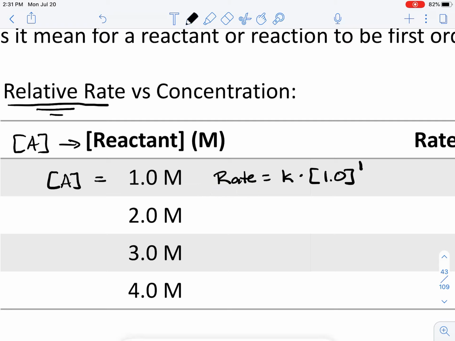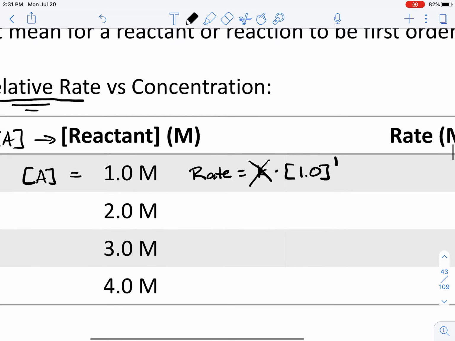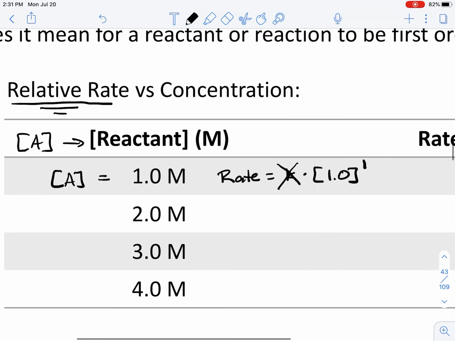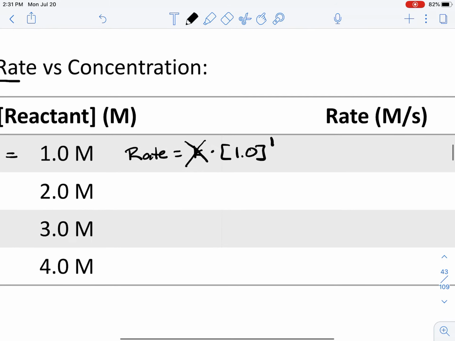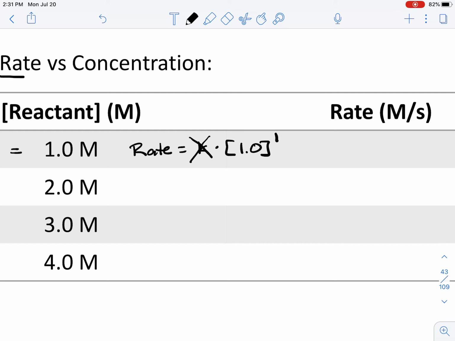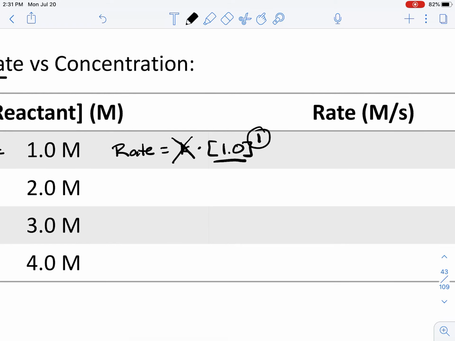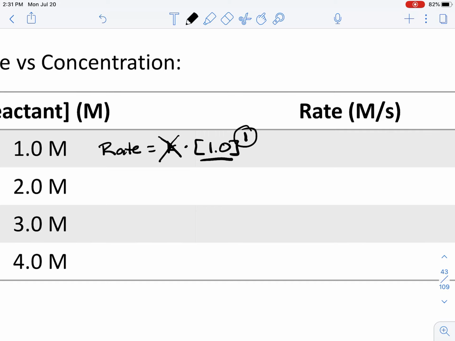So I'm going to just exclude this constant, and by excluding that constant, I'm now referring to the relative rate of the reaction. And so if I were to raise 1.0 to the first power, because it's undergoing first order kinetics, the relative rate is going to be 1.0 molarity per second.